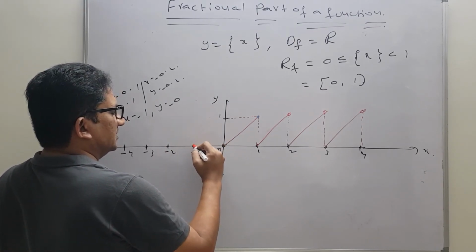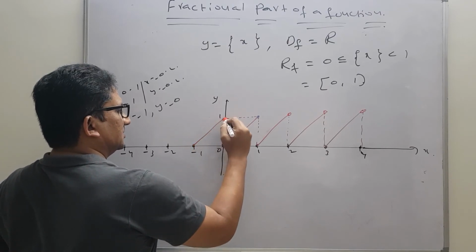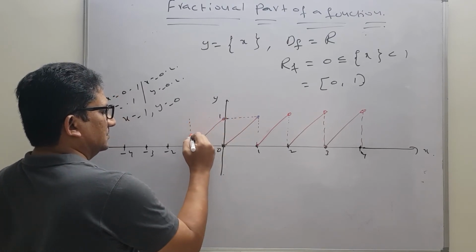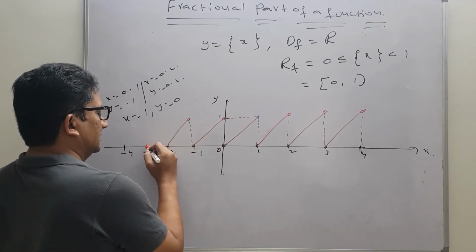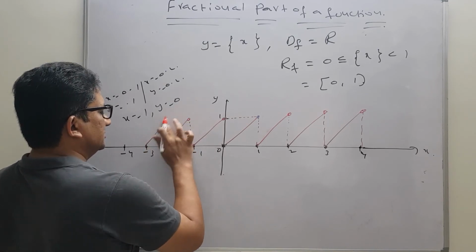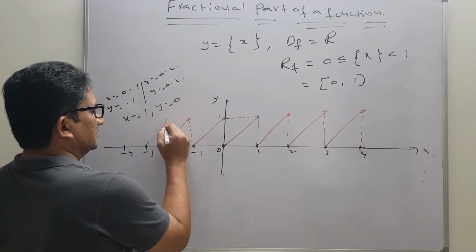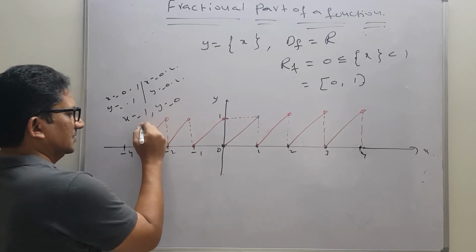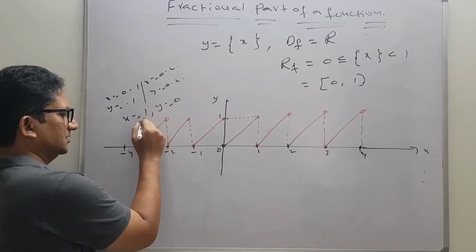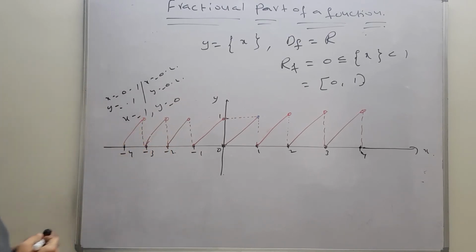On the other side, if you take, you will get it like this. Everywhere the lines are parallel to each other. Exactly here we take a bubble, and here we get a line, and here a bubble, and here a line. So this is your graph.